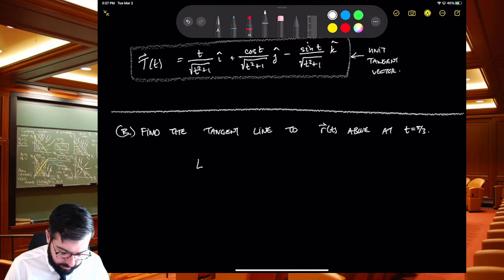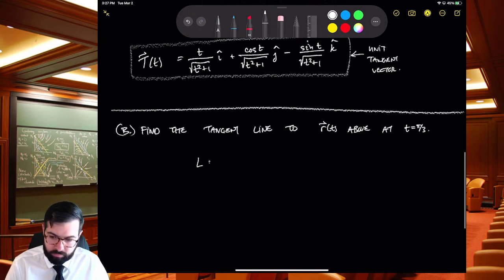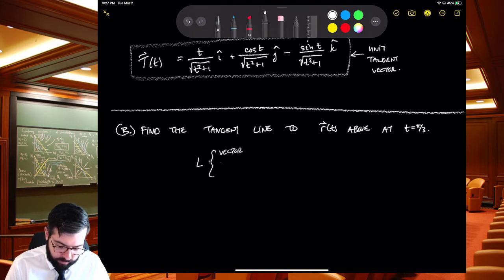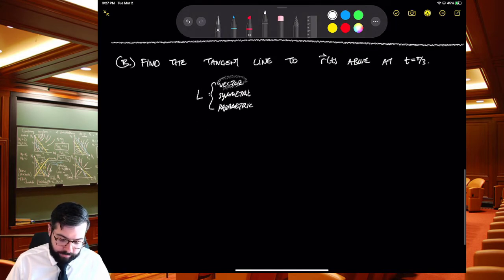So for a function L, what are the ways that we can represent linear functions? Through a vector equation or a parametric equation. We could do vector form, we could do symmetric equations, or we could do parametric. So let's look at a vector equation for this line.